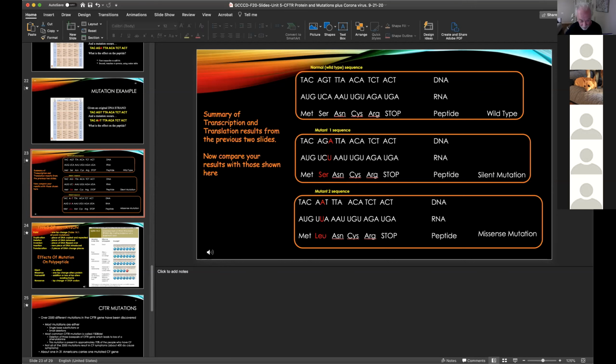Then, if you take a look at mutant 2, this G in the original sequence becomes an A. And when transcribed, that A becomes a U. So now instead of the UCA codon, we have a UUA.